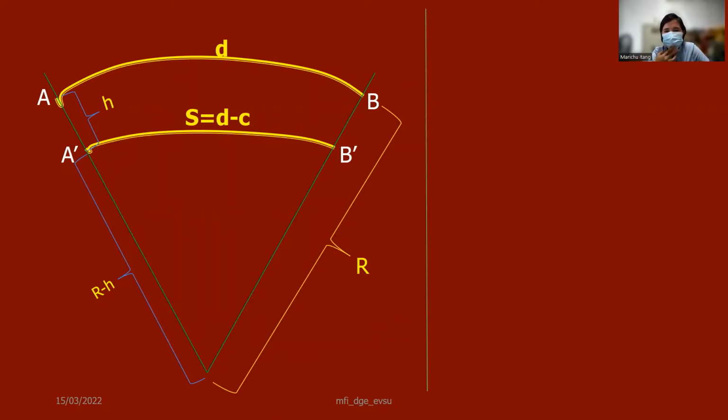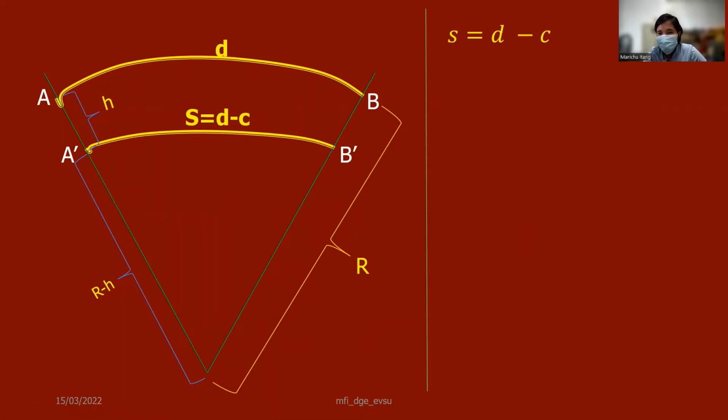Okay, now, our target is to reduce our measured distance D into S, but we need to compute now the value of C, or that will be the applied correction to the reduction. So how are we going to determine the value of C? So we can employ the ratio and proportion.